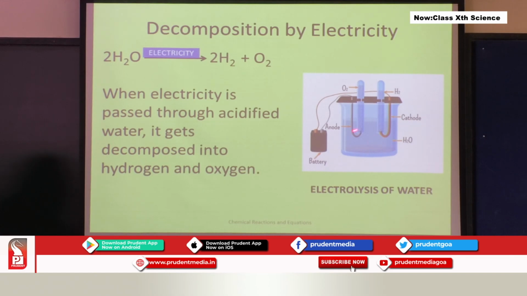So, when electricity is passed through acidified water, the water is decomposed to form hydrogen and oxygen. The hydrogen and oxygen are collected by the downward displacement of the water in the test tube.